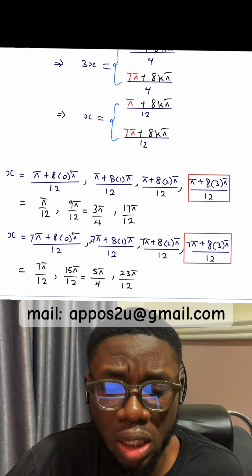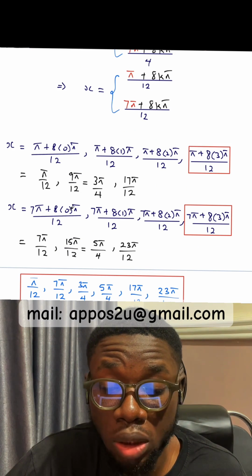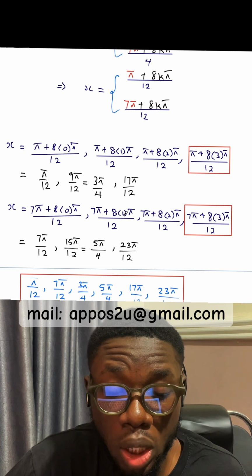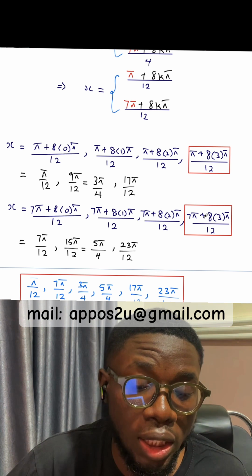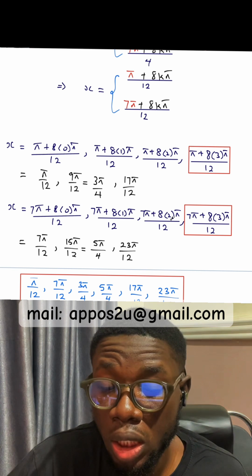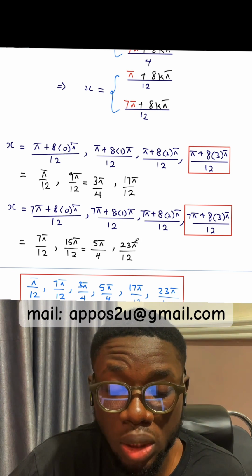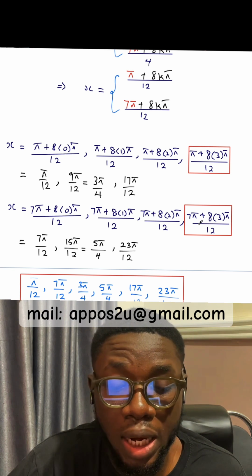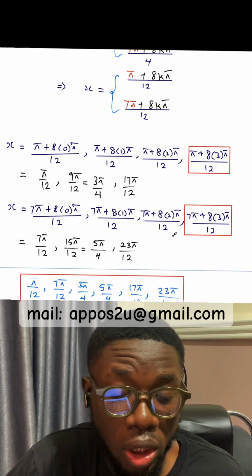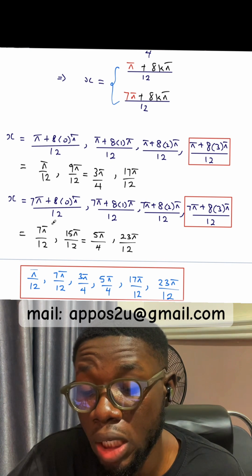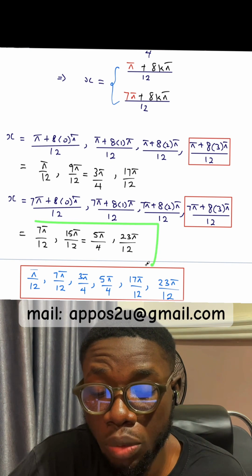Now we do the same thing for the second one as well. We substitute k is 0, k is 1, k is 2, and k is 3. When you do all of that, you get 7 pi over 12, 5 pi over 4, 23 pi over 12. Of course, the last value for k equals 3 makes the value exceed 2 pi. And then it seems like we are done with all the possible values that we can get.